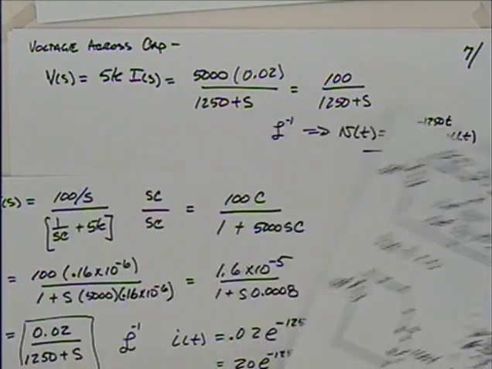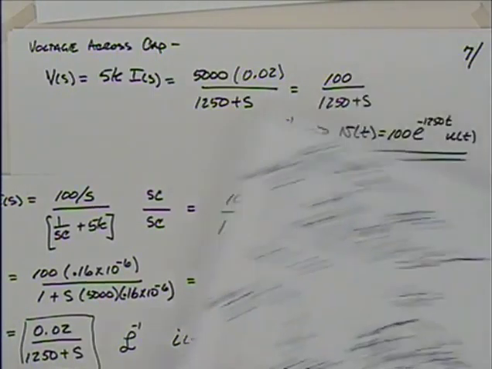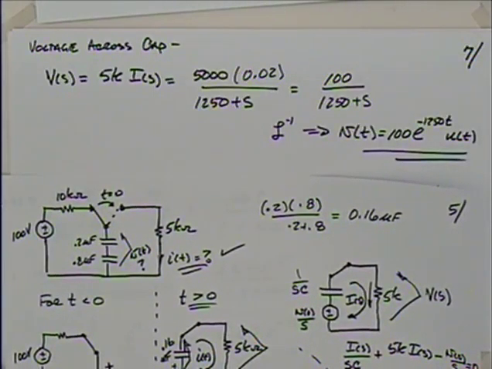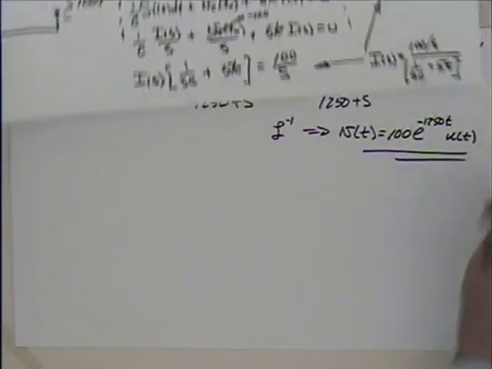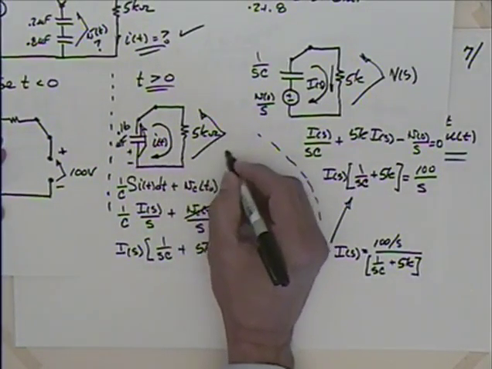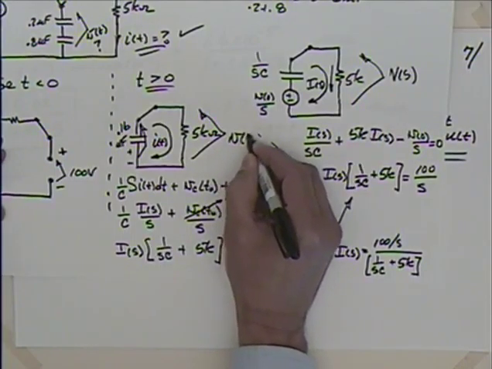We found i of t. We could say it was i of t times 5k, right? So that wouldn't be too bad. Looking at this, if I've got this i of t, I could say that this is v of t.